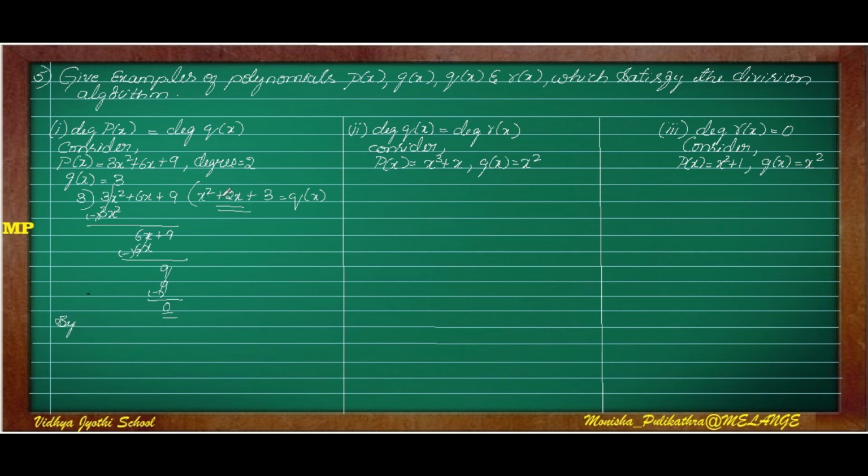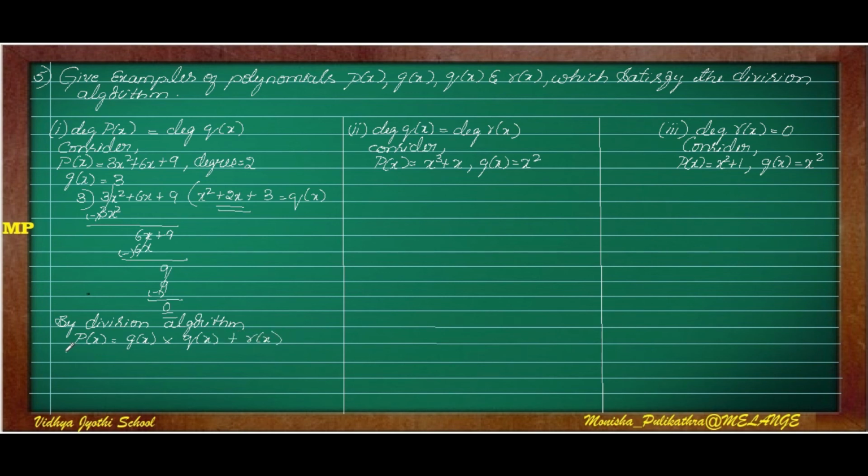After this we have to use the division algorithm. Here itself we can make the point that the degree of the quotient and the degree of the dividend are both the same, but it is the procedure to use the division algorithm. By the division algorithm, p of x is equal to g of x into q of x plus r of x.